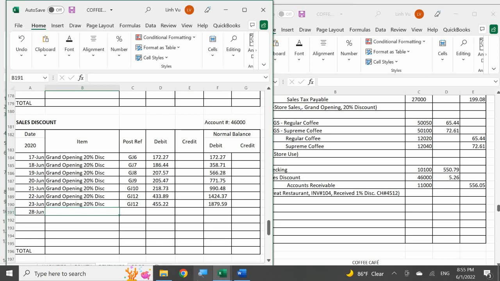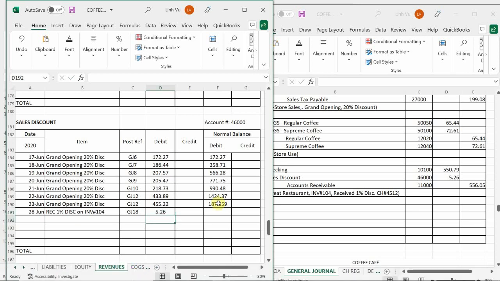And we received 1% discount on invoice number 104. Okay? For that grand total of $5.26. So therefore, this should increase your sales discount to be $18.85.